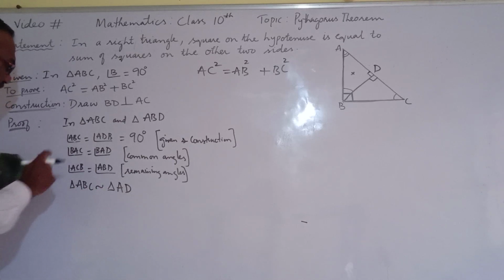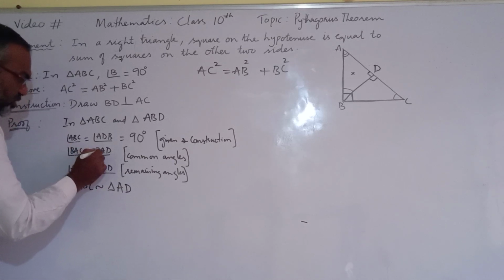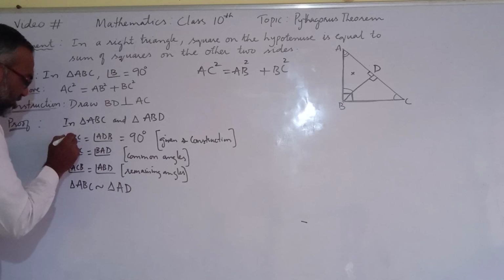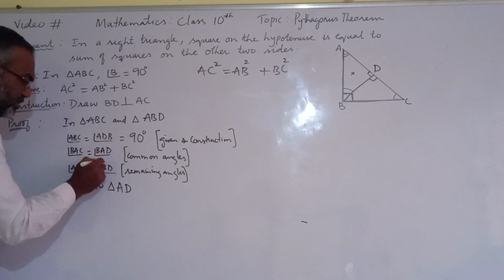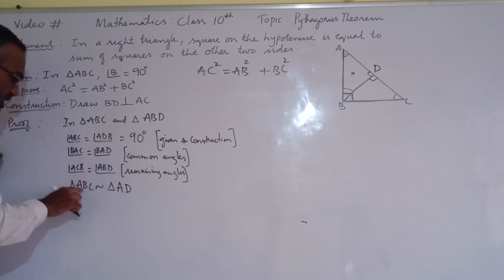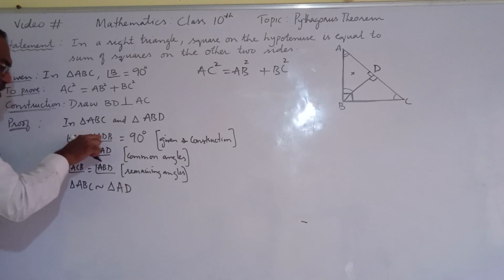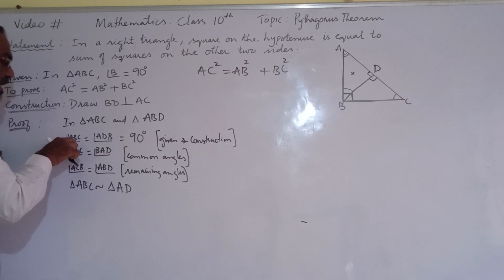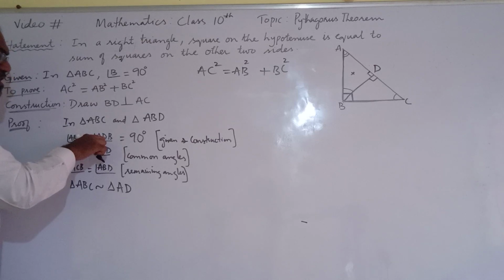A is corresponding to A, see the middle letter. B is corresponding to D, because B is 90 in the big triangle and D is 90 in the small triangle, right?